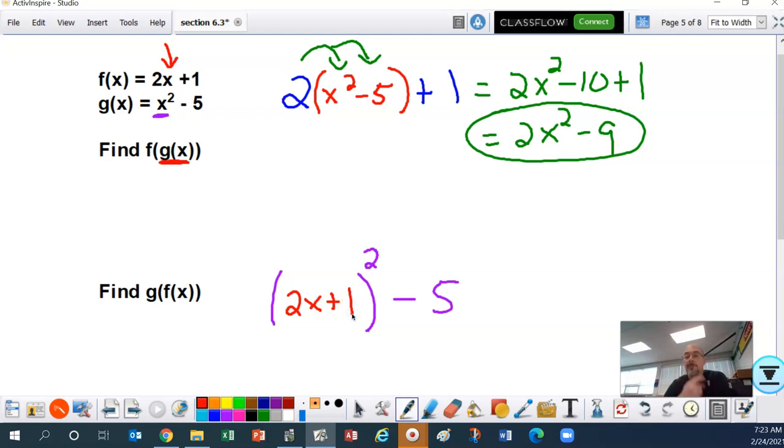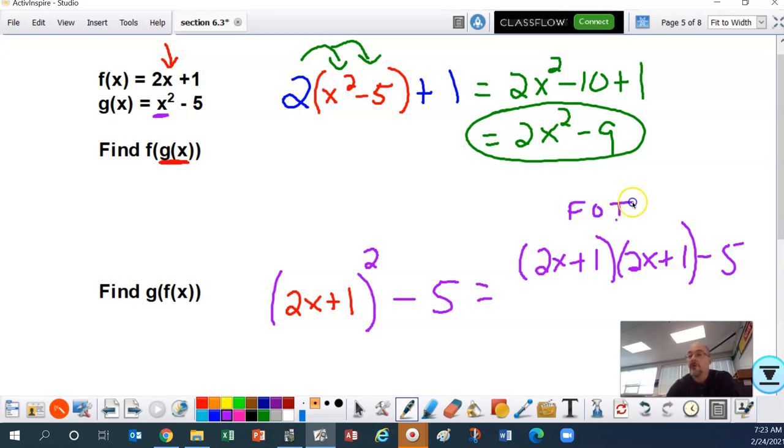All right. Well, if you recall, ladies and gentlemen, that means 2x plus 1 times 2x plus 1 minus 5. Okay, because there are two of them. So that means we have to FOIL.